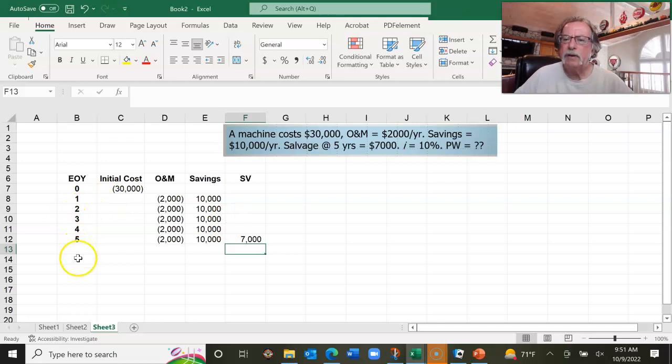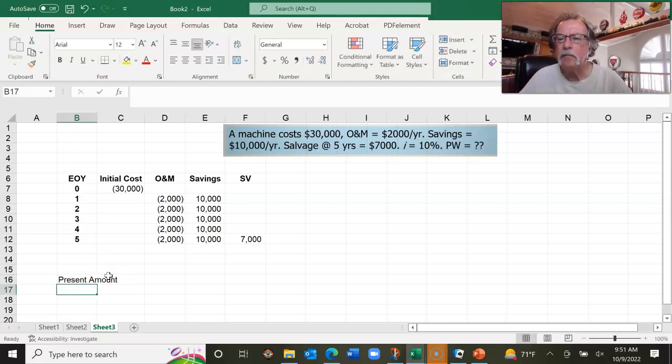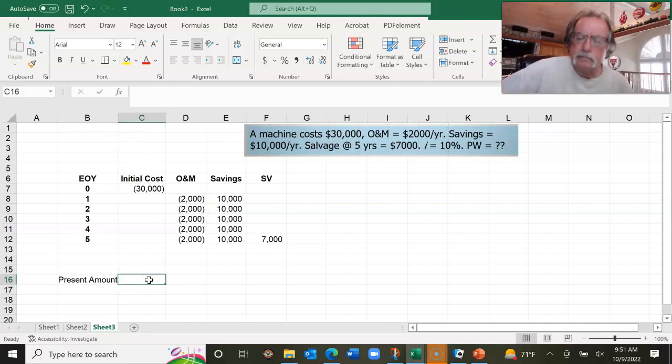And let's look at the present value of each of these. So the present amount. In year 0, $30,000 is going to be $30,000.